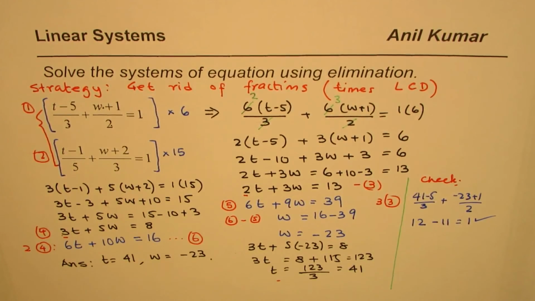It's a good idea. Anyway, you understand this strategy. The strategy here is get rid of fractions, which you can do by multiplying each term by the lowest common denominator. Once you have two linear equations, you can adopt your standard techniques to solve. It's a good idea to check your solution also if time permits in a test paper.